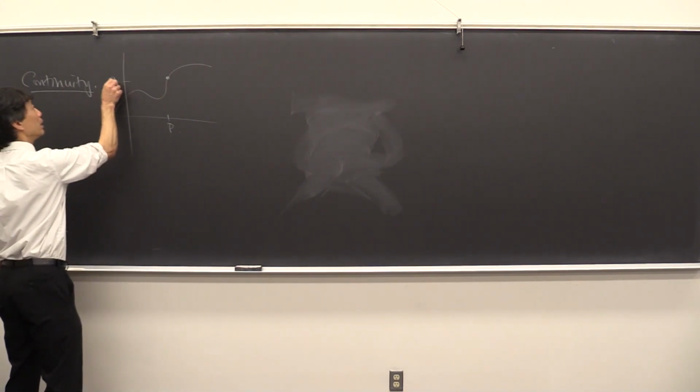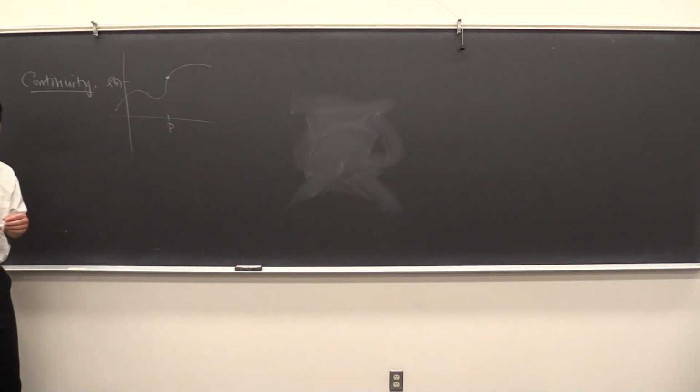Like here's f of p. Anybody have some sense of what continuity is? Yeah, for every neighborhood of f of p, or the output of p, there's a neighborhood of p including p that maps to that entire neighborhood.